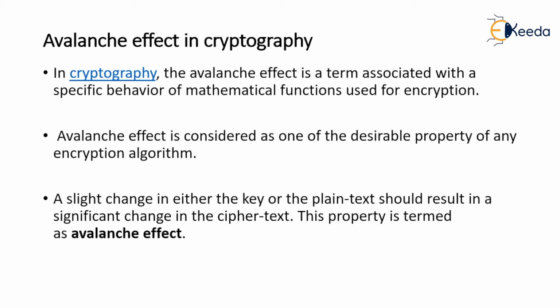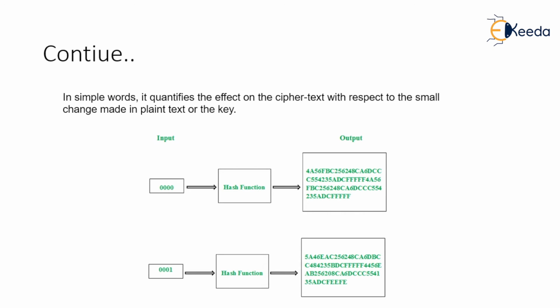This formation of the ciphertext by changing too many bits with respect to only one single change in the key or in the plain text is known as the avalanche effect. In simple words, it quantifies the effect on the ciphertext with respect to a small change in the plain text or in the key.